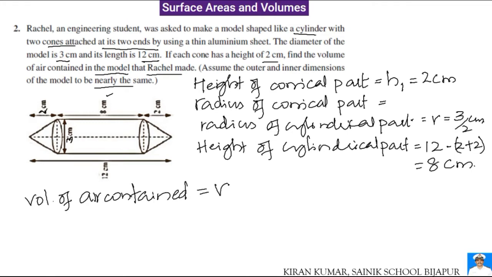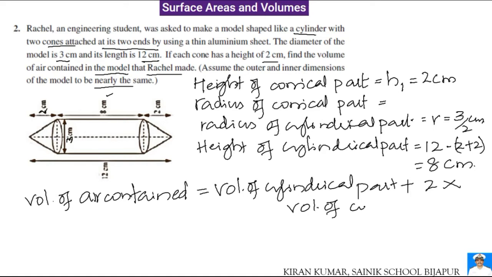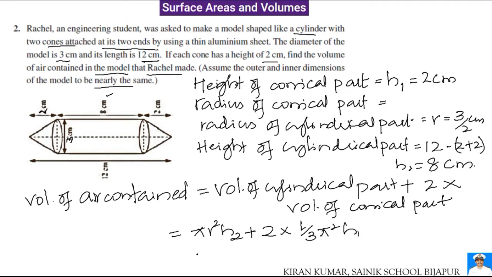This will be volume of the cylindrical part plus 2 times the volume of conical part. Volume of the cylindrical part is pi r square h2. This height I'll consider it as h2, plus 2 times volume of the conical part is 1 by 3 pi r square h1.